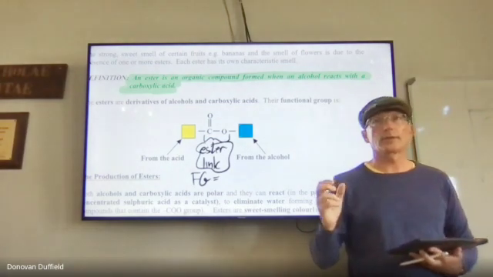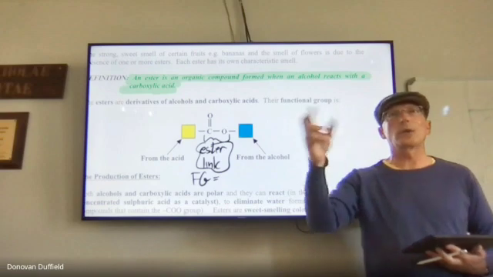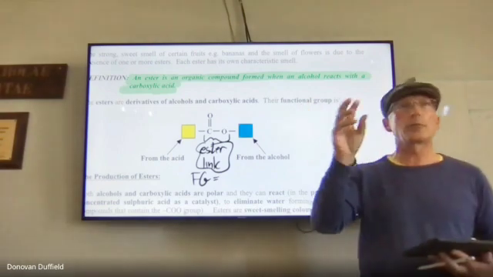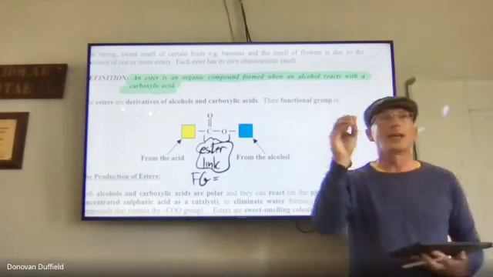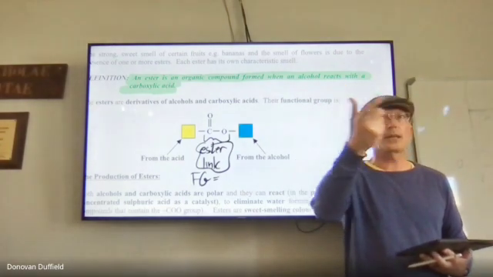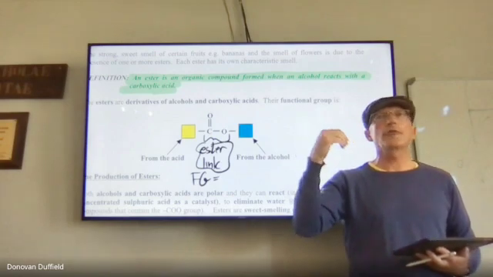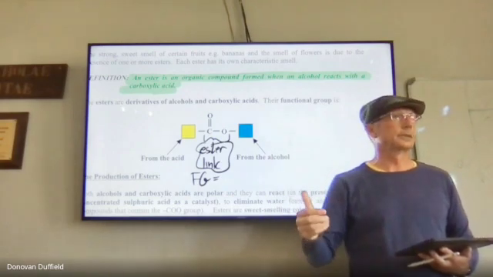Okay, some of you have. They don't sell perfumes just like we buy them. They do, but the real perfume shops sell the essence. Do you know what the essence is? It's an ester.